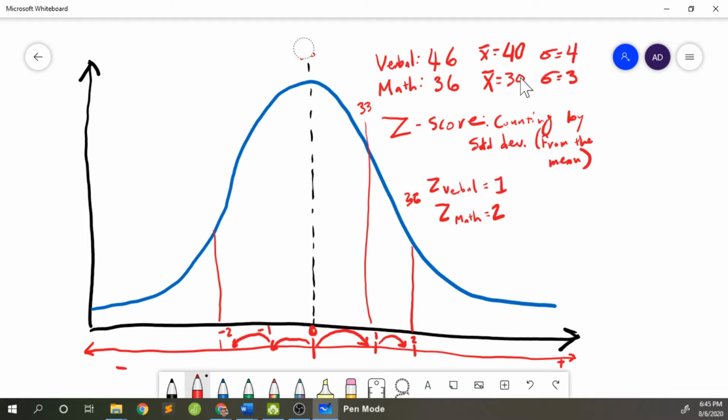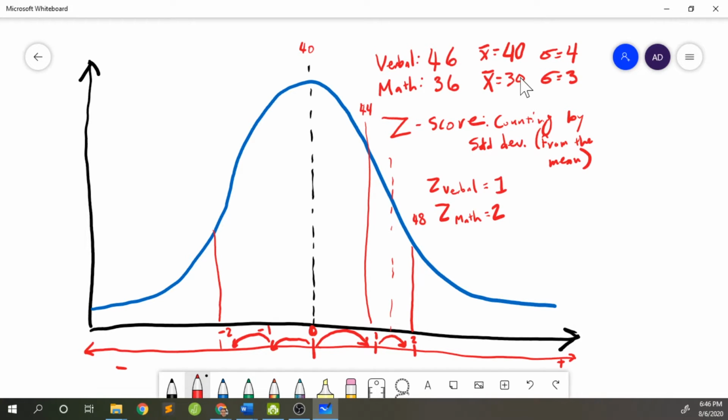remember, let's put our old numbers back here. So this is a mean of 40. And this would be 44. This would be 48, would be 2. So we know we're halfway in between here. Now, this one's easy enough.